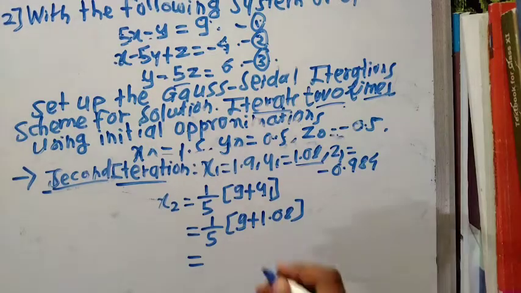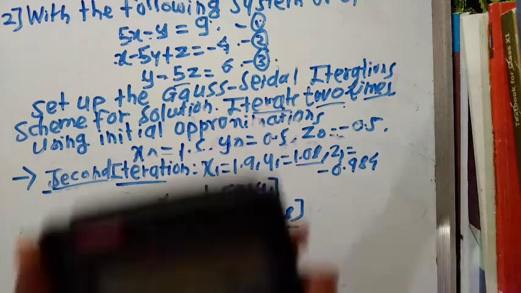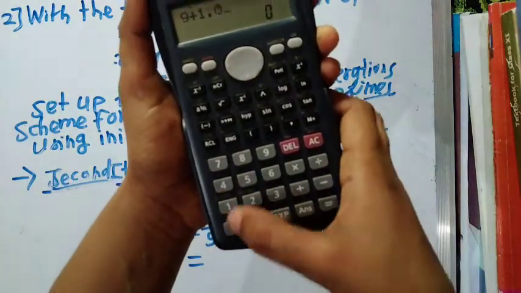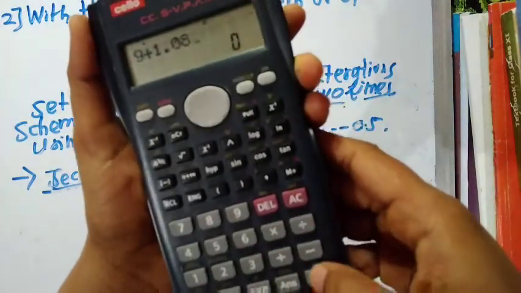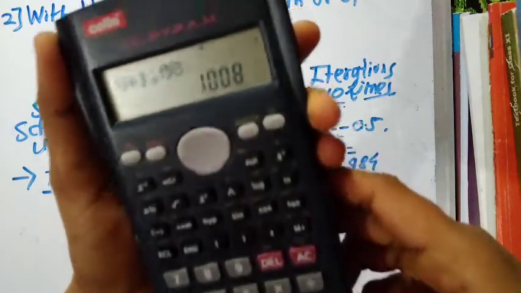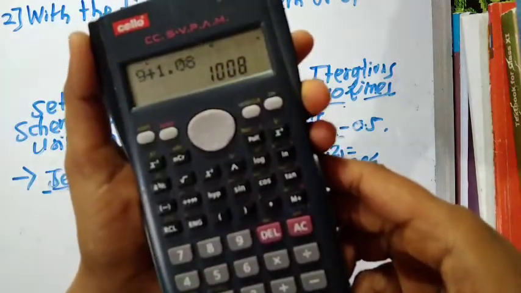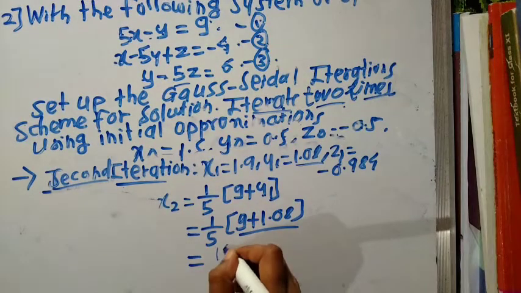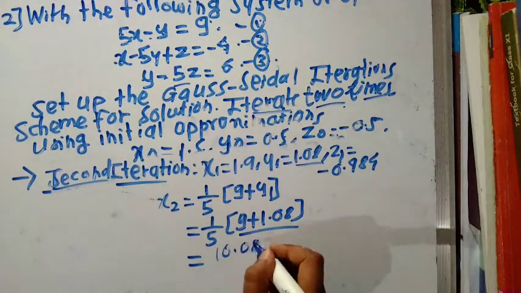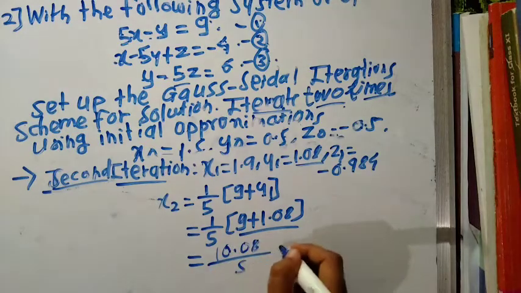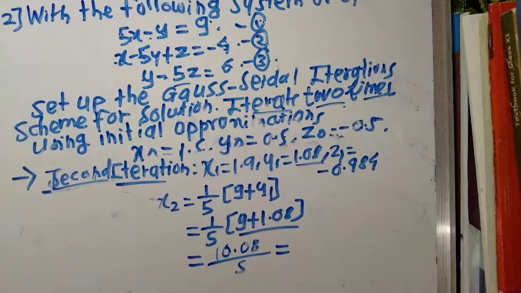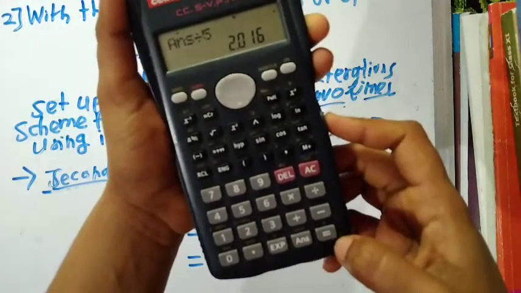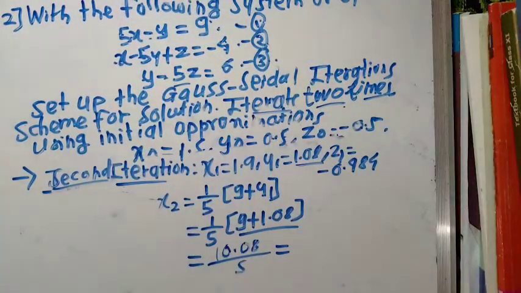First find out this value, 9 plus 1.08, which is equal to 10.08, divided by 5, which is equal to 2.016.